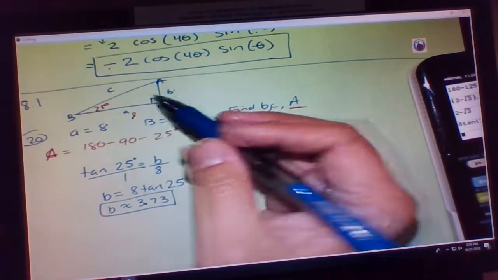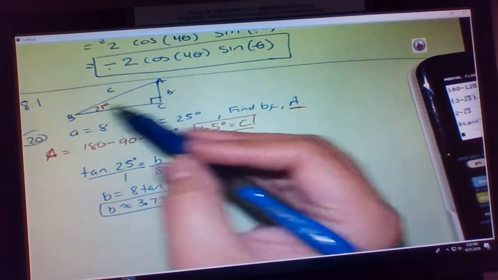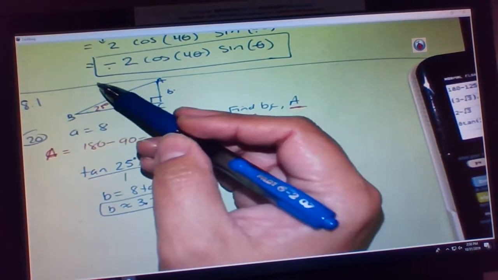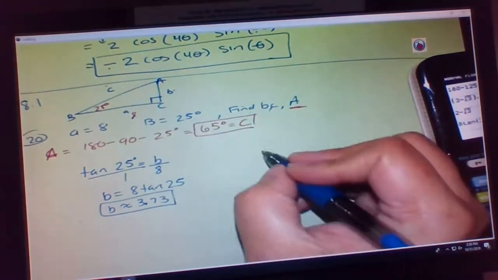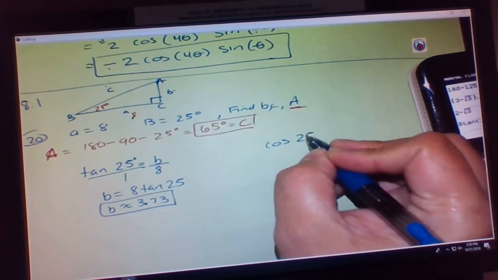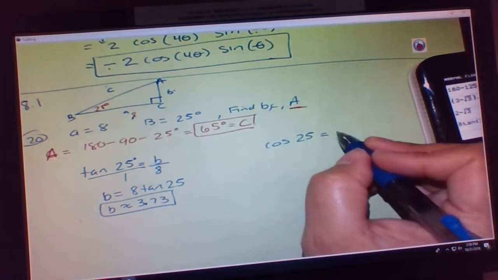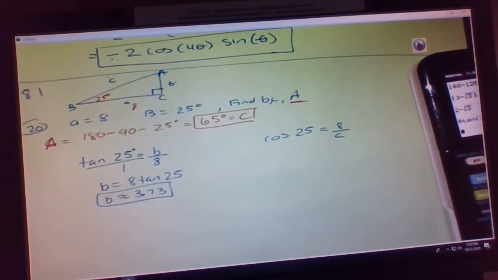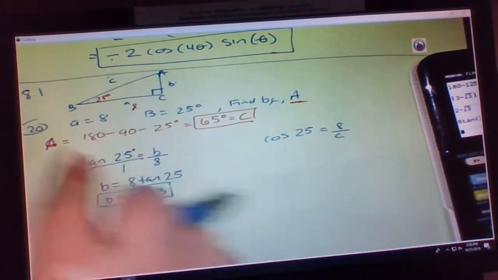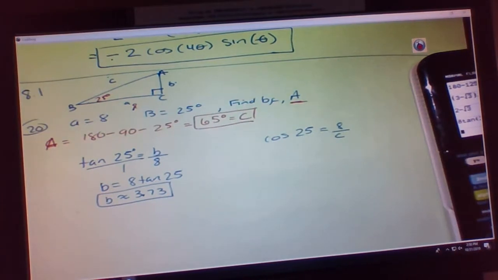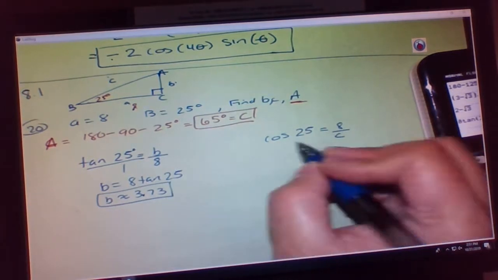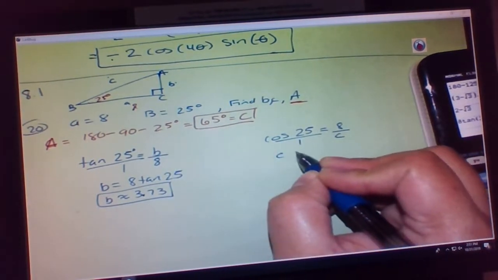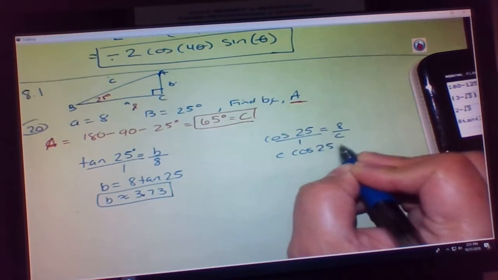Now to find c, I could use my adjacent over hypotenuse. So I could do cosine of 25. My adjacent is 8 over my hypotenuse, which I don't know. So SOHCAHTOA, this is 8.1 is where you do SOHCAHTOA. So c cosine of 25 equals 8.